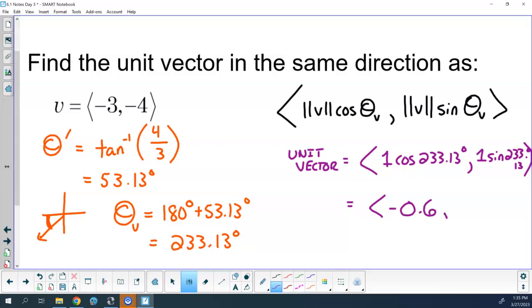I would take the sine of that angle, and I would get negative, excuse me, not 0.4, 0.8. So that would be my unit vector in the same direction as vector v.